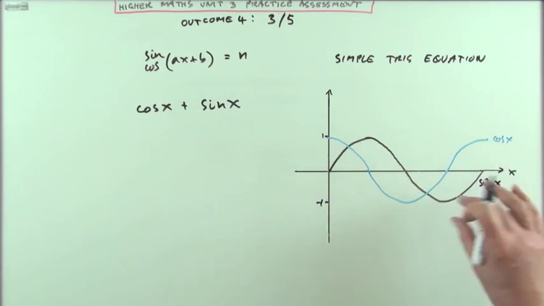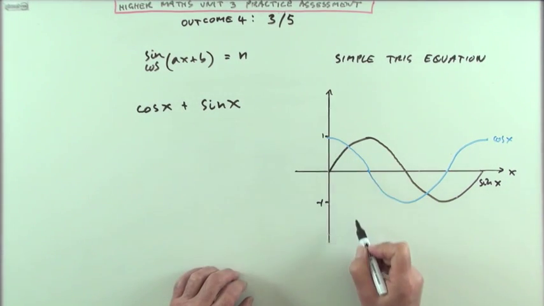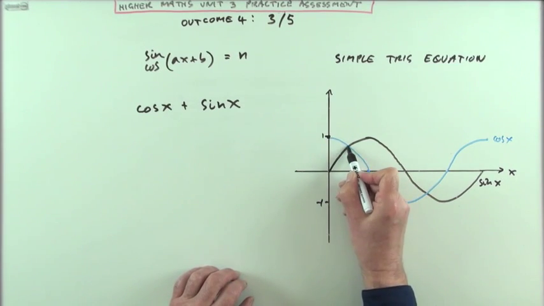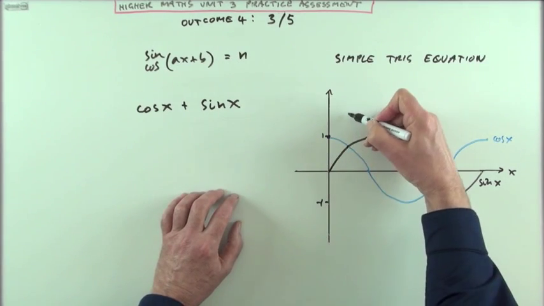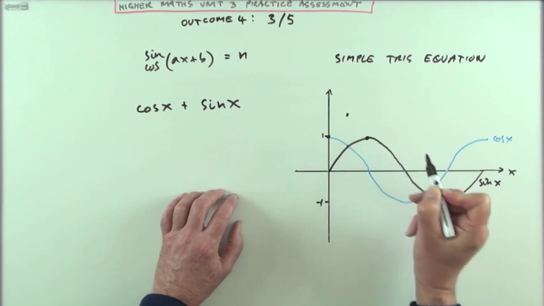There's two waves going at the same time, and the effect of adding these waves together would just be by adding their corresponding heights, so that it would start off here at 1. They've both got the same height here, that'll be at 45 degrees, so this would go to double the height. Here we've got 0, it would be back to this point.